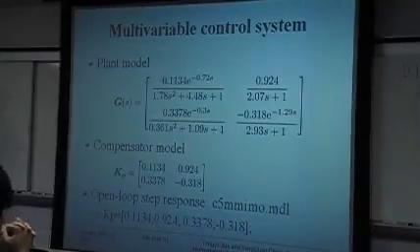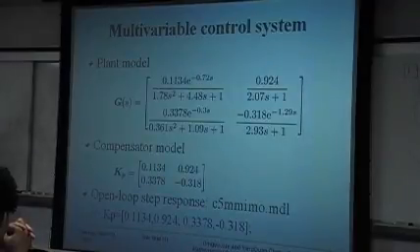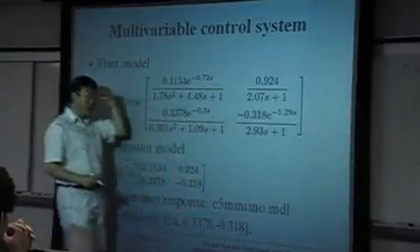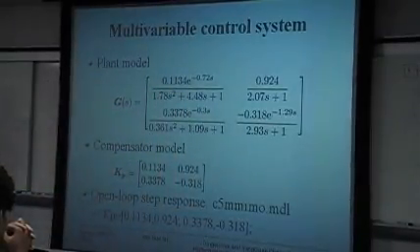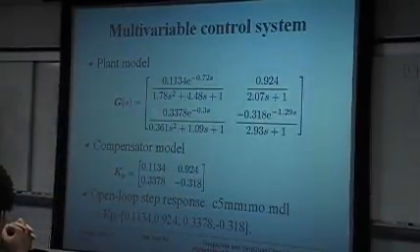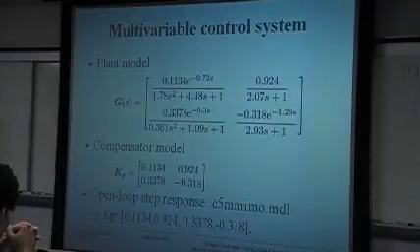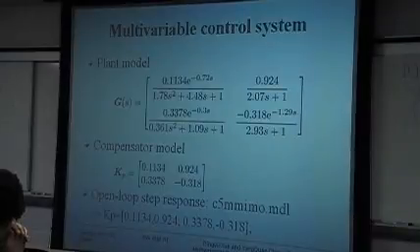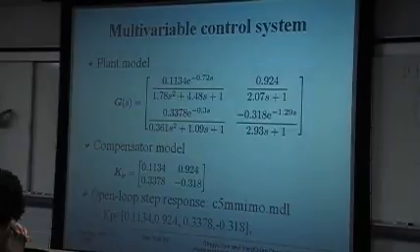For instance, we can use the tf command with delay to model this part and this part, the 4 sub-blocks. And then we can use a command like this to define the transfer function matrix. And once we have defined it, we can easily perform simulation on this kind of system.